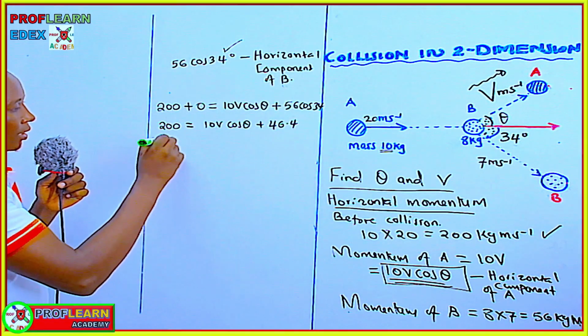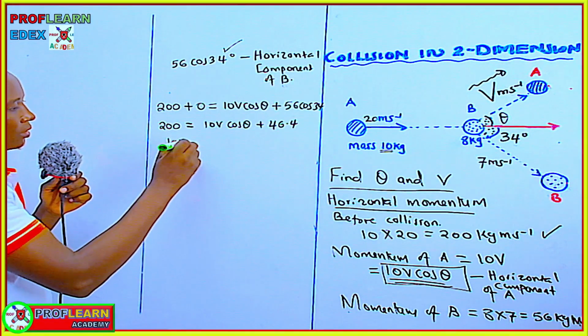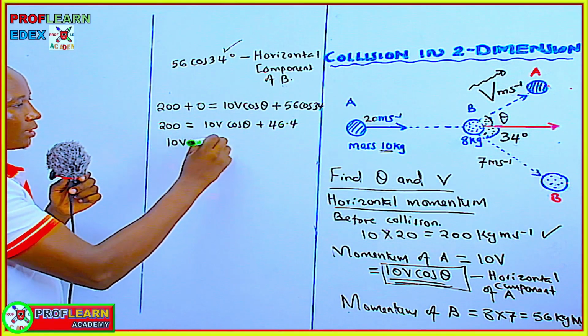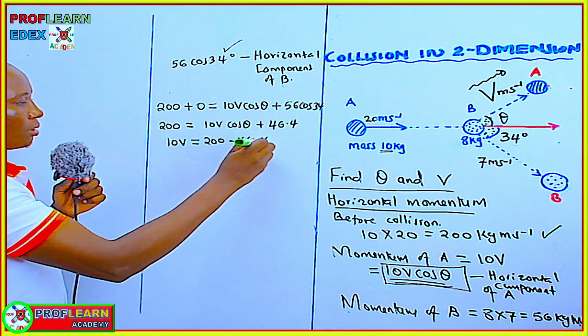And then we can say now 10V cos theta is equal to 200 minus 46.4.